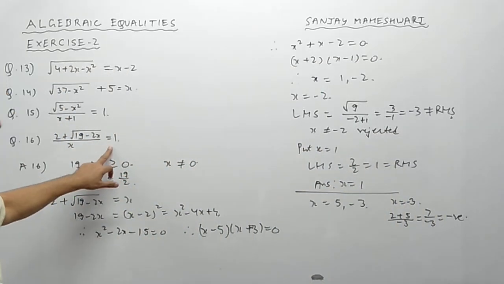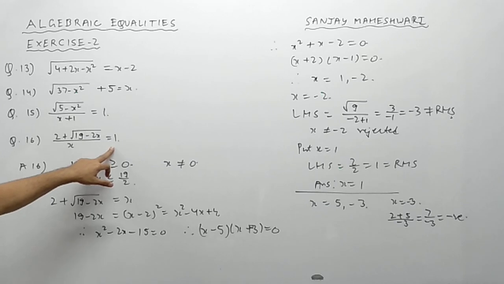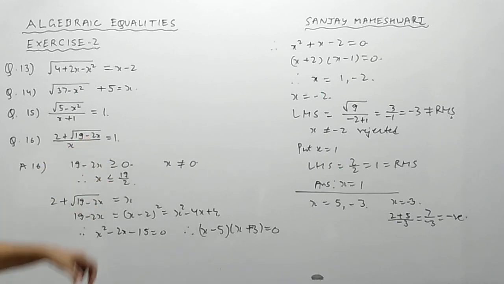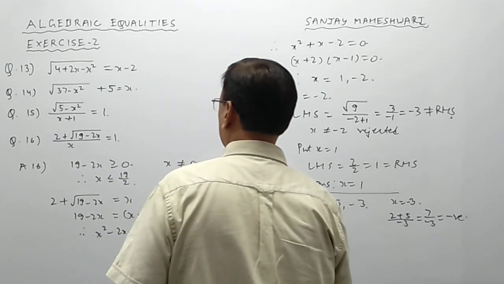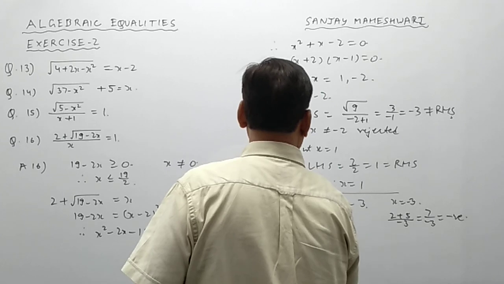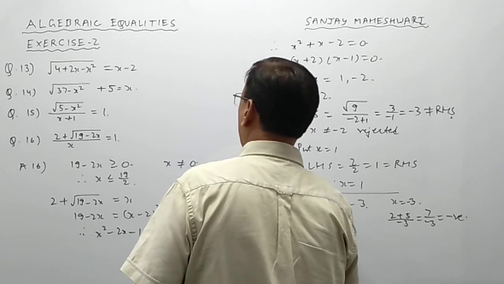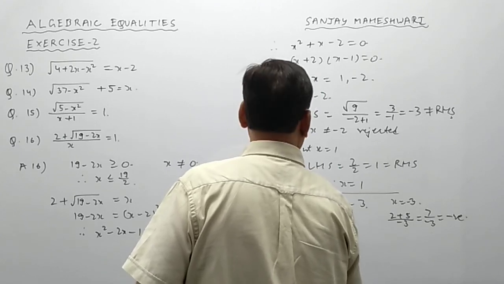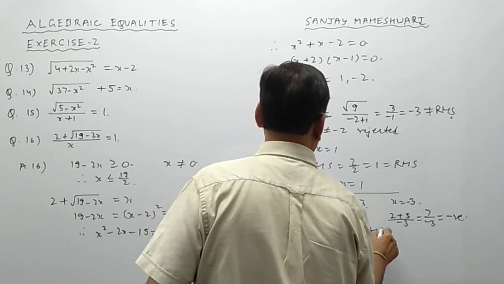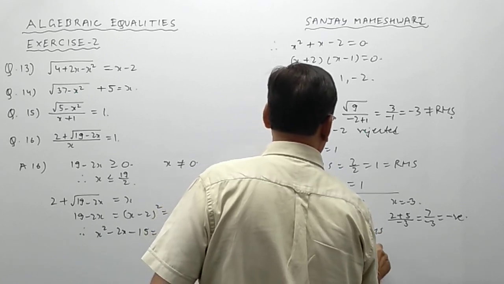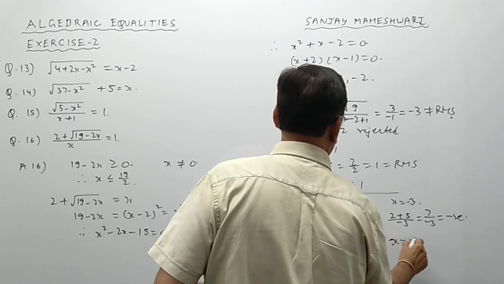It is not equal to 1. So it is not equal to right hand side, therefore this value is rejected. Now let us check with x equal to 5. LHS equal to 2 plus 3 divided by 5, that is equal to 1 is equal to RHS. Therefore answer is x equal to 5.